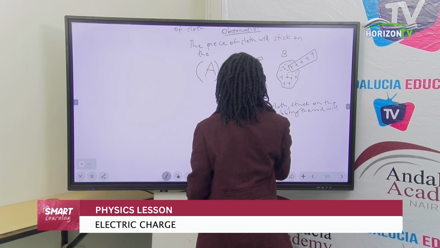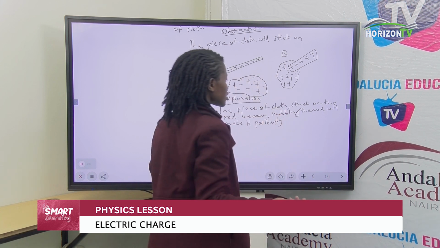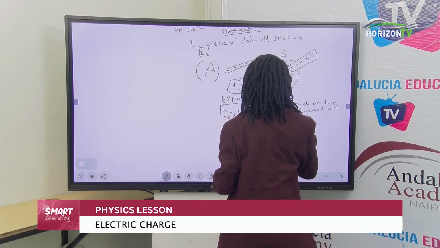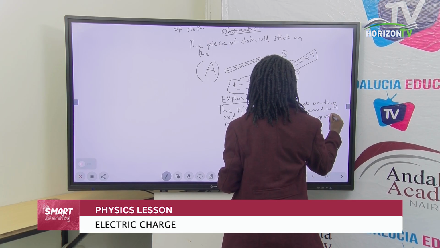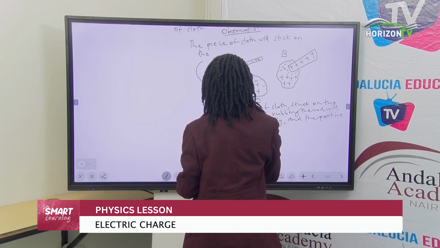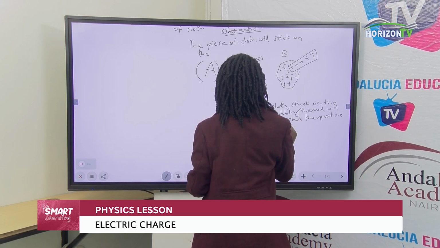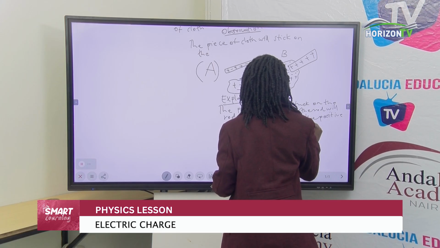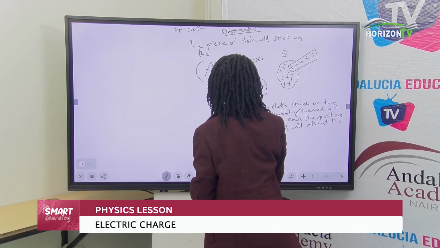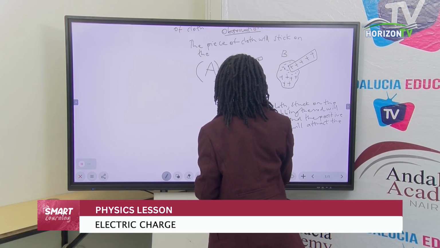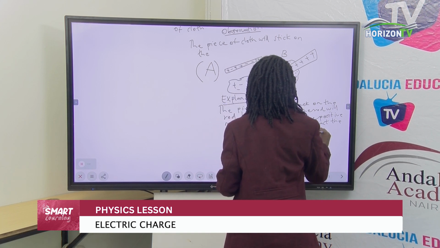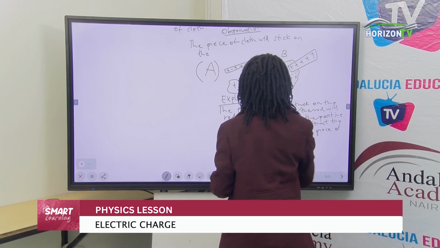And remember, I'm only explaining what I concluded; you can say it became negatively charged. It became positively charged, and the positive charges on the rod will attract the negative charges on the piece of cloth.